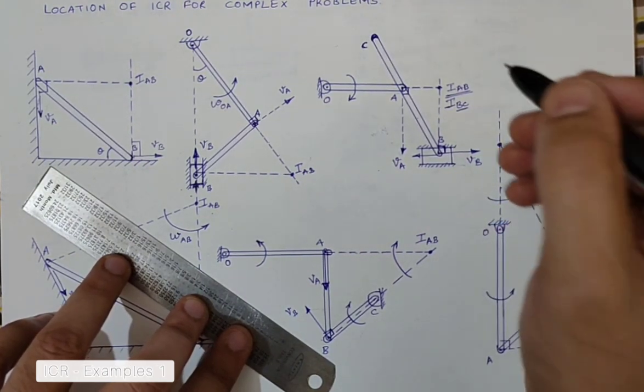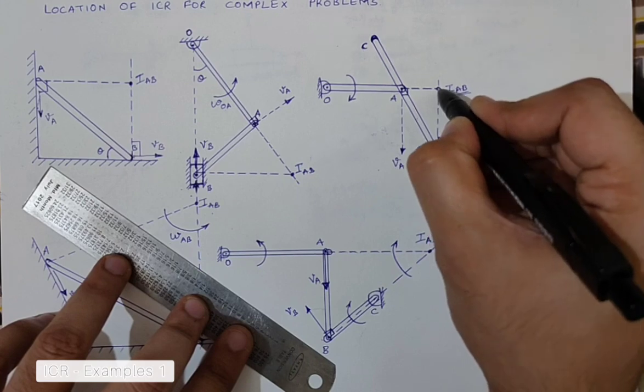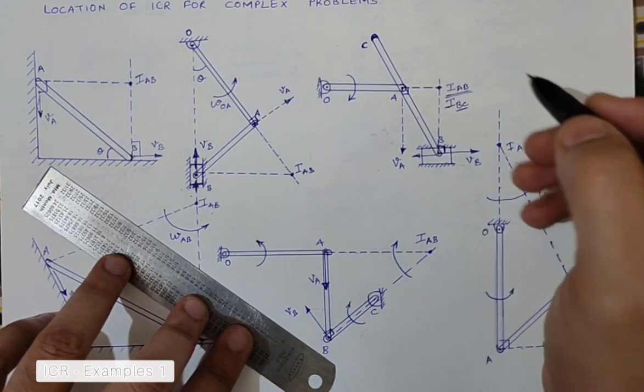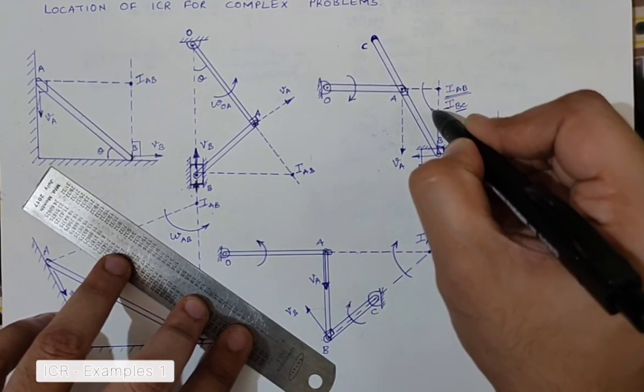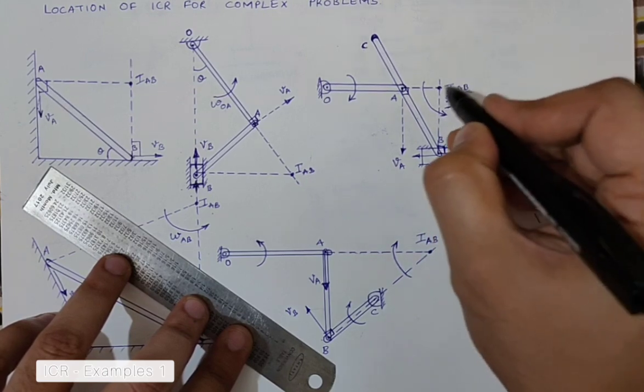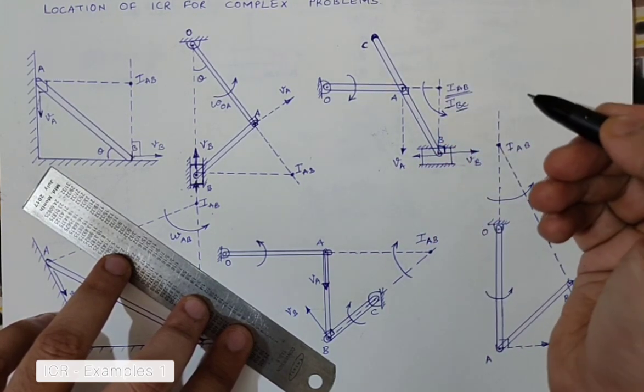Now I know the location of the ICR for this given link, which I may assume to be rotating about this given point, which we have already defined as the ICR.